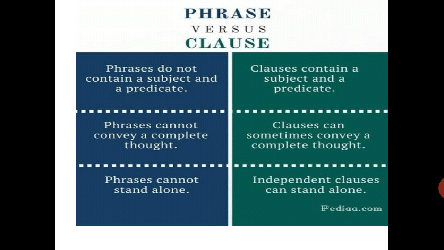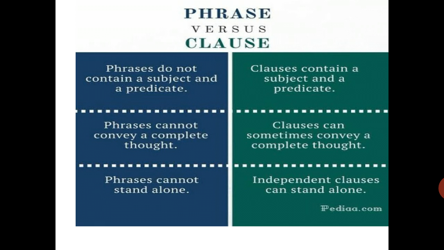Now what is the difference between phrases and clauses? Just to make you understand more clearly, I have given this PPT. So look at this. Phrases do not contain a subject and a predicate. Clauses contain a subject and a predicate. Phrases cannot convey a complete thought. Clauses can sometimes convey a complete thought.